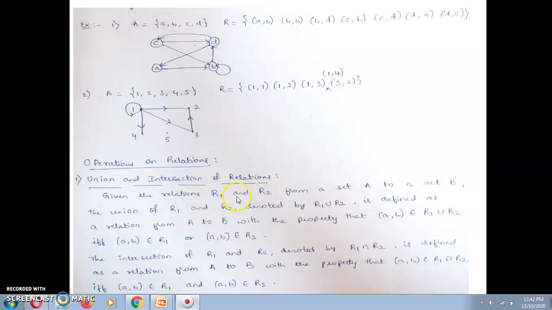Given the relations R1 and R2 from the set A to a set B, the union of relation R1 and relation R2 is denoted by R1 ∪ R2.